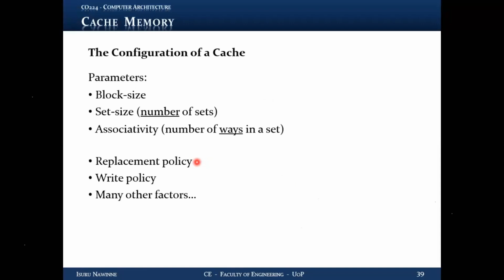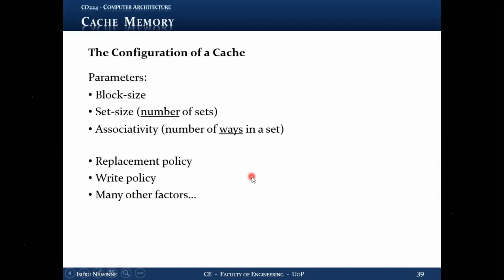So that policy is a characteristic of the cache, so it goes into the configuration. Then the write policy, we discussed write through and write back. There are variants of these policies as well. So write policy is another characteristic which defines the configuration of the cache.